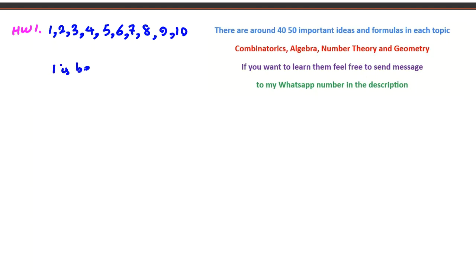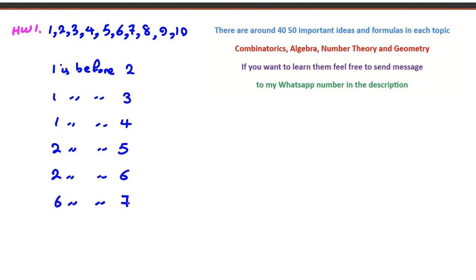We say 1 is before 2, 1 is before 3, 1 is before 4, 2 is before 5, 2 is before 6, and 6 is before 7, 8 is before 9, and we have these conditions.